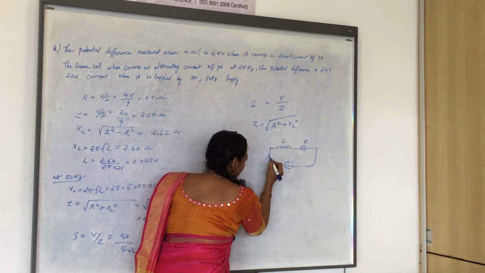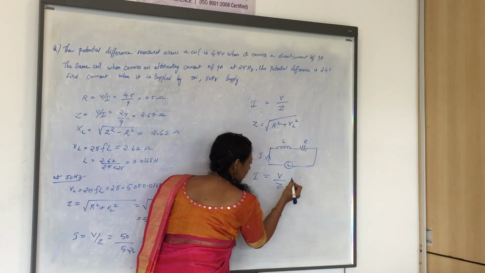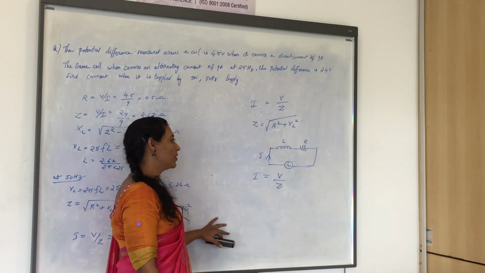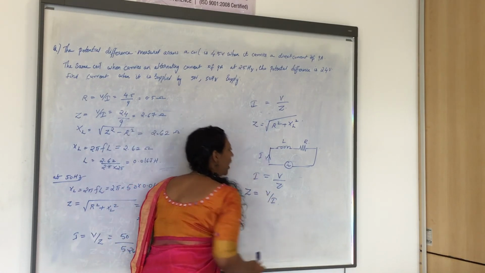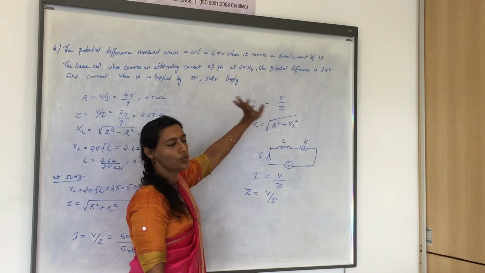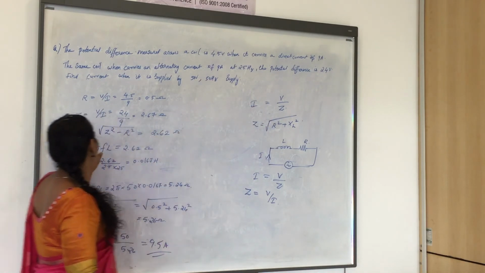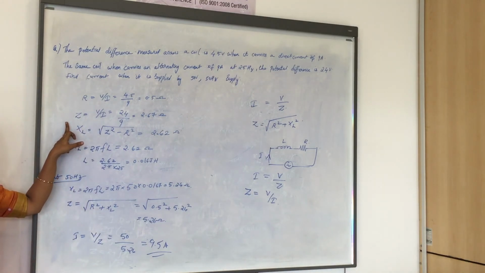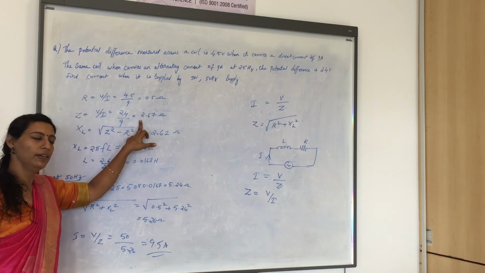Therefore, the total current I is equal to V by Z, or V is equal to I into Z. Therefore, impedance can be calculated by V by I. Voltage is given as 24 volt and I is given as 9 ampere. Impedance V by I, 24 by 9, is equal to 2.67 ohm.